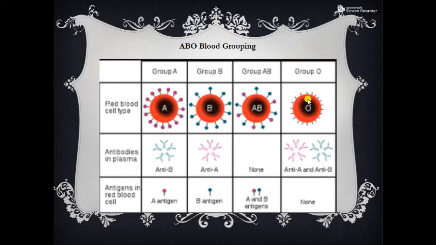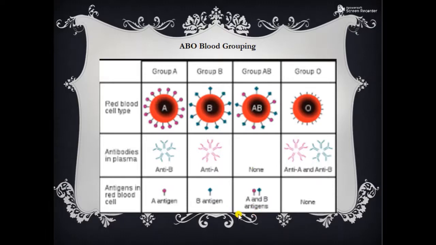Whether it is blood group A, B or AB, they all commonly have the H antigen, which has been depicted as a line on the RBC. Now, if you have group A blood, one type of sugar, the A antigen, is present on the H antigen.